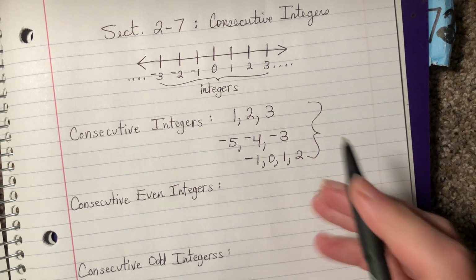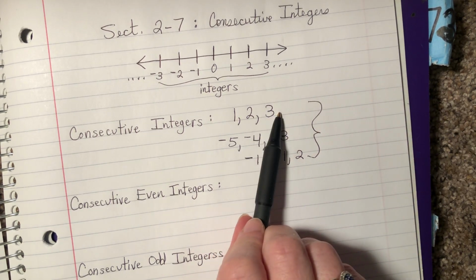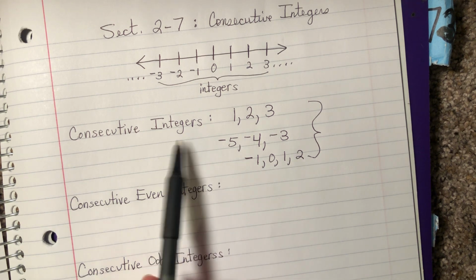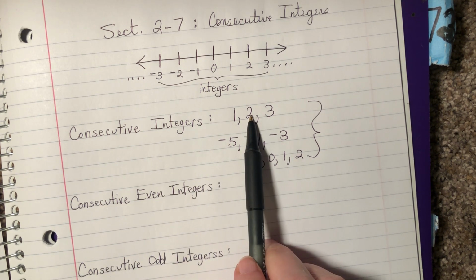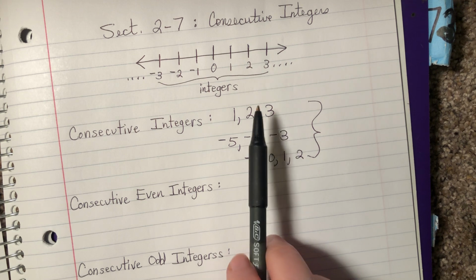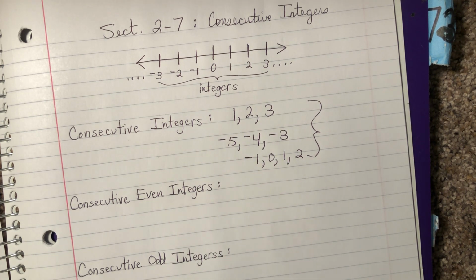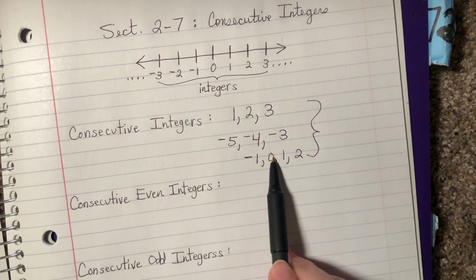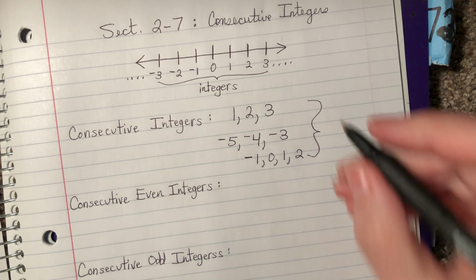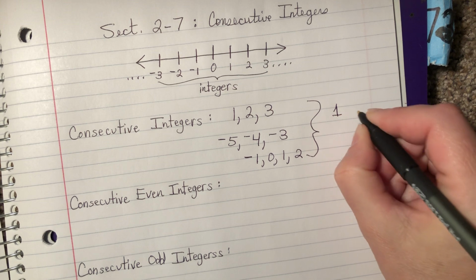But the important point is that these are all one apart. 2 is 1 away from 1. 3 is 1 away from 2. -4 is 1 away from -5. 0 is 1 away from -1. These are 1 apart.